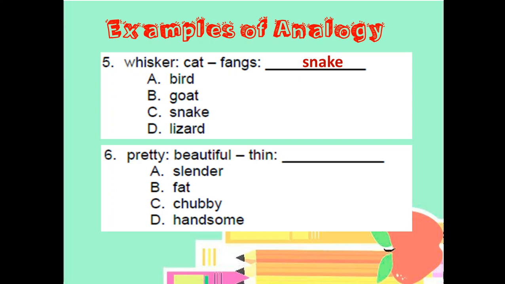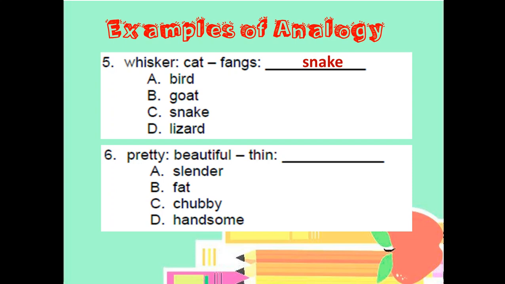For example, number 6 of the analogy, we have pretty is for beautiful, thin is for blank. Our choices would be A. slender, B. fat, C. chubby, or D. handsome. Let us try to find the relationship of pretty and beautiful. What do you think? Okay, you are correct again.